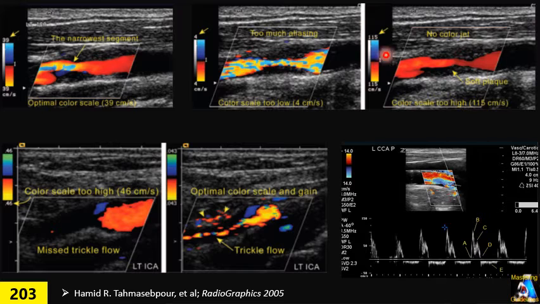Or when we increase our color scale too much, it can eliminate aliasing, and we cannot detect where the highest velocity is at the stenosis. The best setup, based on those as mentioned, is around 30 to 40 for the color scale.